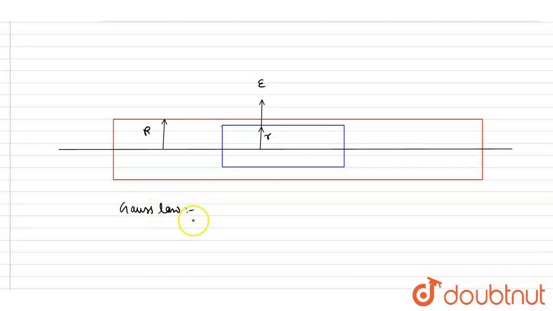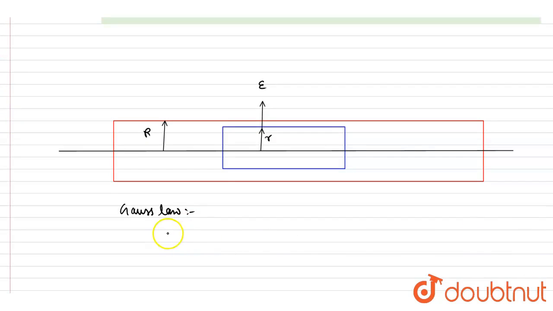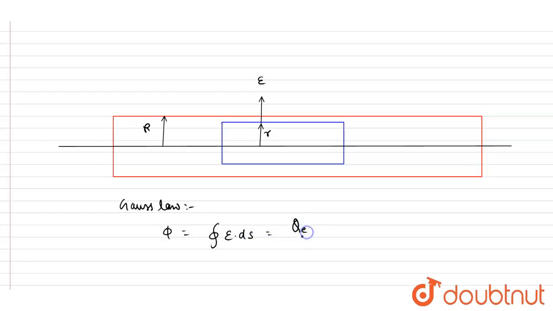Here we write down the gravitational flux will be equal to the enclosed mass by epsilon naught. Net flux, that is closed integral of E dot ds, is equal to mass enclosed by epsilon naught. Here Q is the mass enclosed.